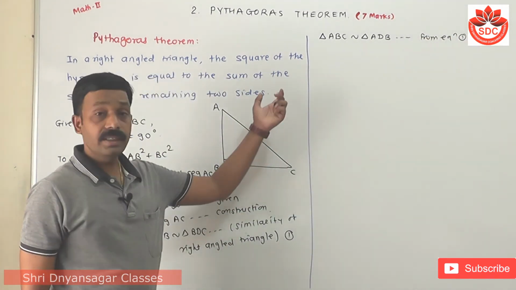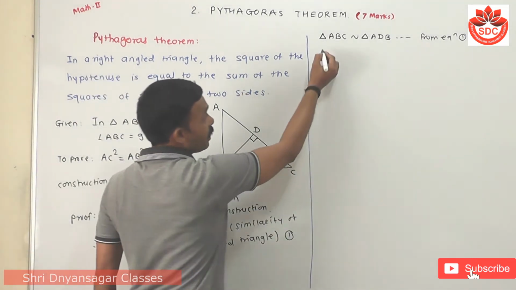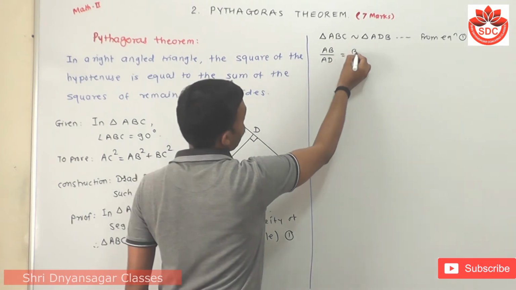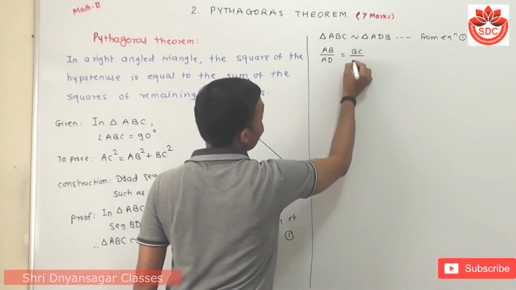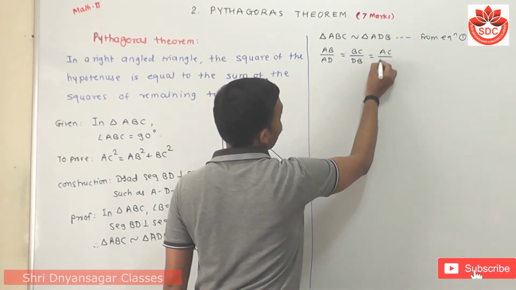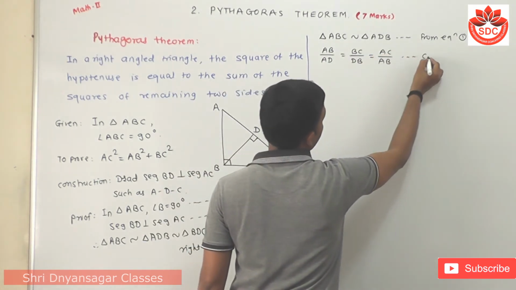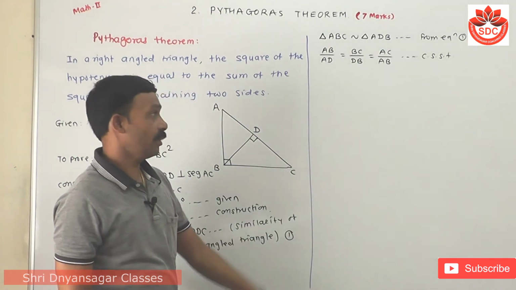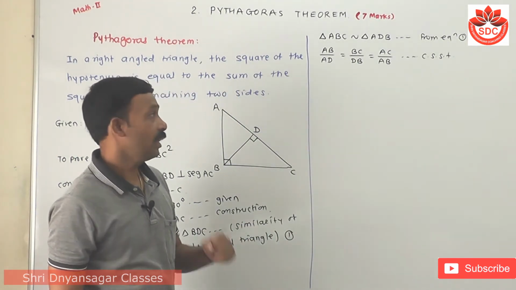Okay, then we write its corresponding sides. First AB upon AD is equal to second one BC upon DB is equal to first and last, means AC upon AB. Here we write corresponding sides of similar triangles. This is the short form of the statement.